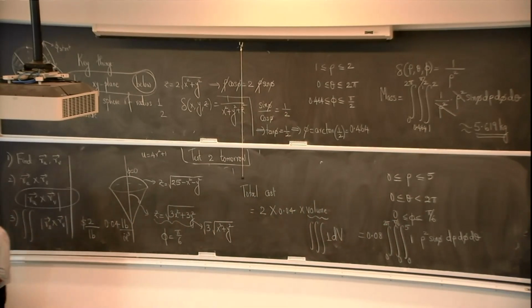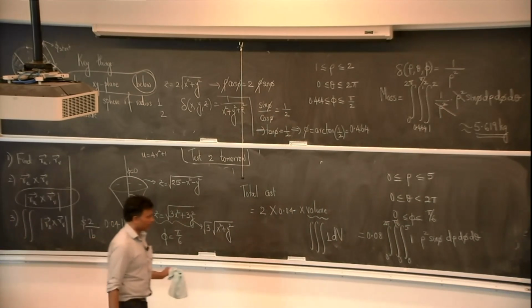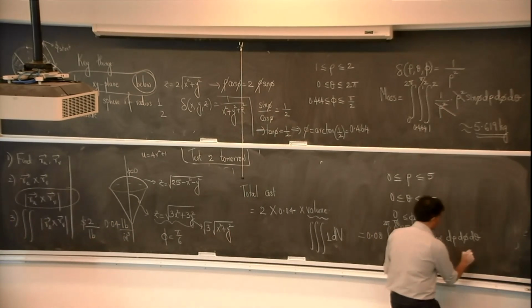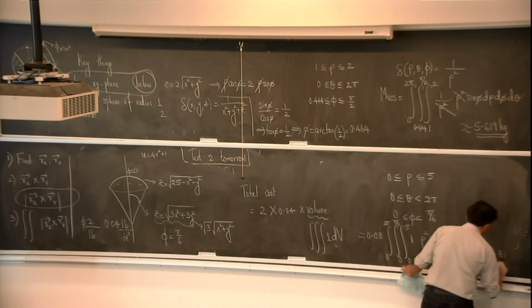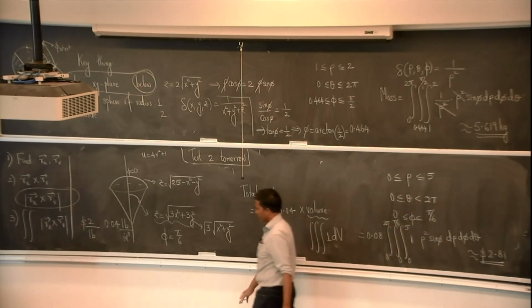You can do that integral yourself at your convenience, and the answer at the end, if you do all the calculations, comes out to be $2.81. Which makes sense for an ice cream.